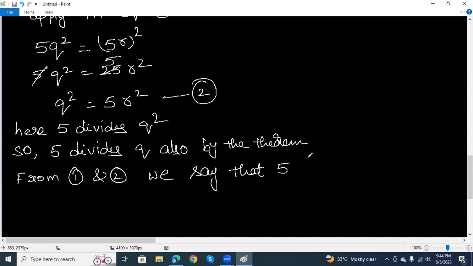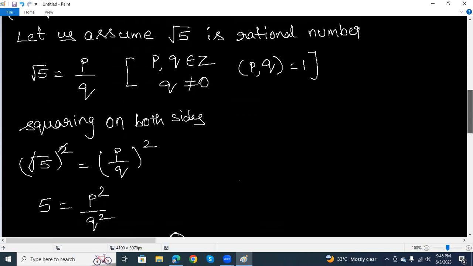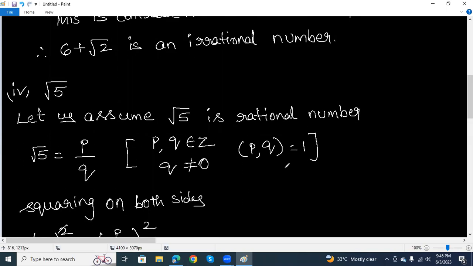From 1 and 2, we say that 5 divides p and q both. But what are p and q? p and q are co-primes. They do not have any common factor according to our definition. But here in this question, 5 is dividing p and 5 is dividing q.